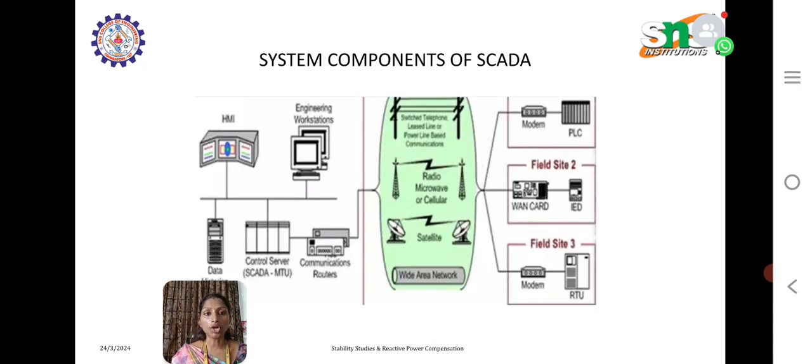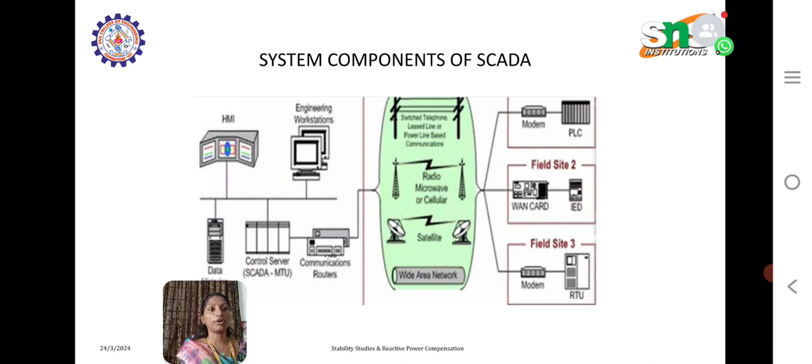So coming to system components of SCADA, HMI is there, engineering workstations and data. All these are given to a SCADA control server, and through communication routes it is given to the wide area network. In the wide area network, communication is either through satellite, radio, microwave, cellular or telephone wire.